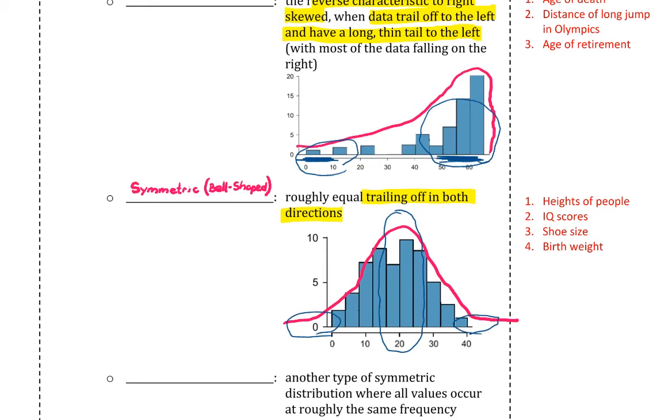Similarly, we can talk about IQ scores. There is a more common IQ score someplace in the middle where most people have an IQ score. And then there are fewer people that have a really high IQ score or a really low IQ score. The same can be said about the variables shoe size or birth weight.